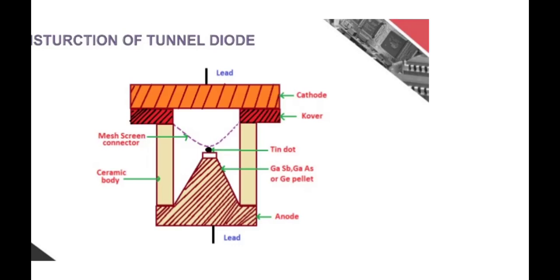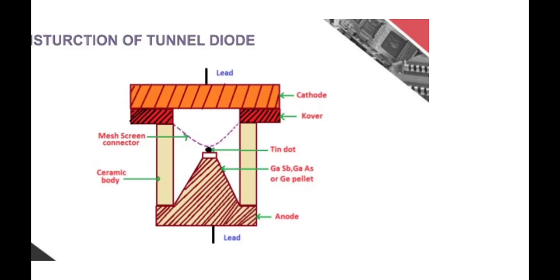These are the construction details of the tunnel diode. Simply, the construction has some modification. There is a lead on both sides. The upper side is the cathode terminal and the lower side is the anode terminal. Here there is a tin dot, and the semiconductor materials are gallium arsenide and silicon germanium.